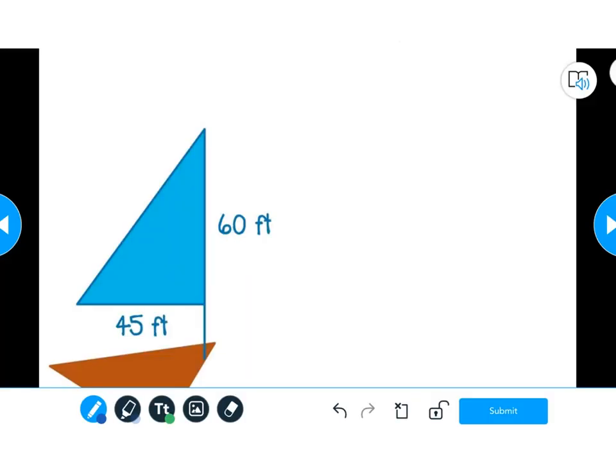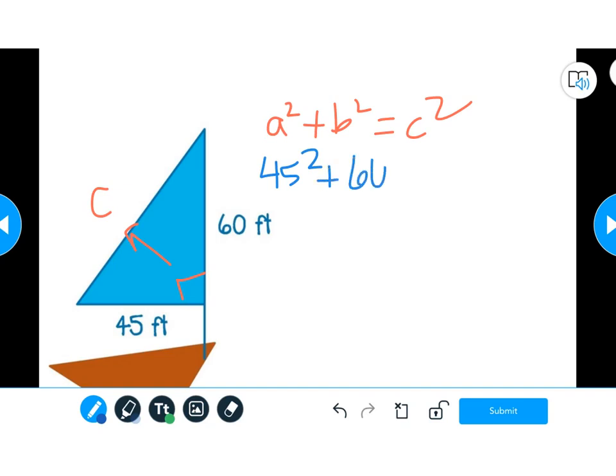Another example on the Nearpod looks like a sailboat, where you have to find the diagonal of the sailboat, or the hypotenuse. That's always the letter C across from the right triangle. So we use the formula a squared plus b squared equals c squared. And then you sub in the legs. In this case, they're 45 and 60, so we square those.